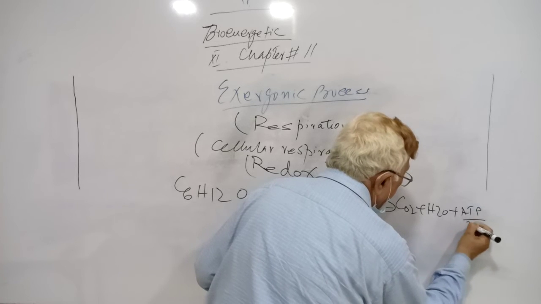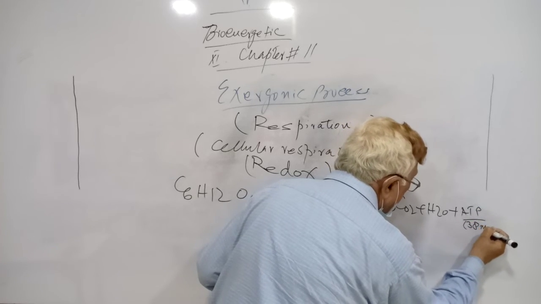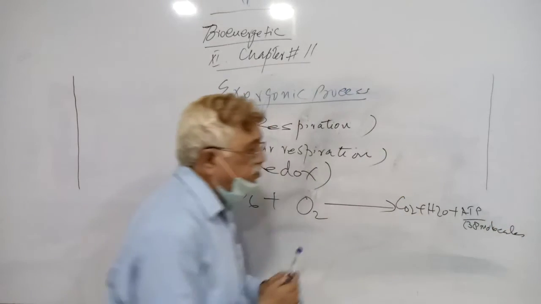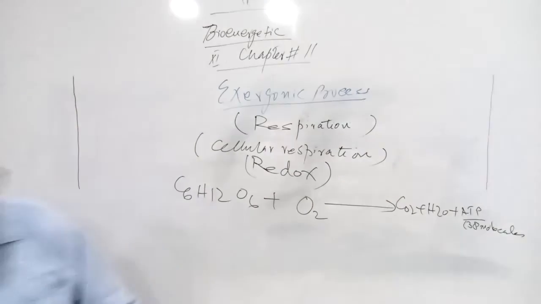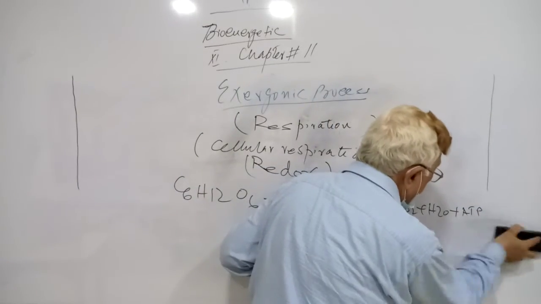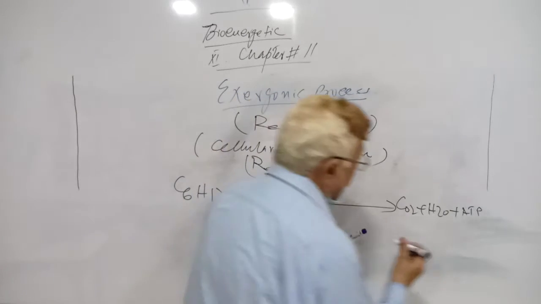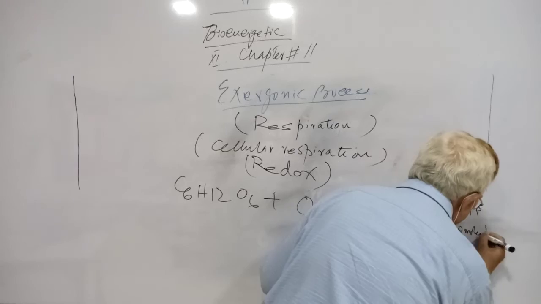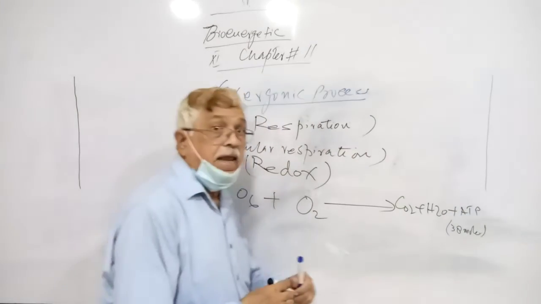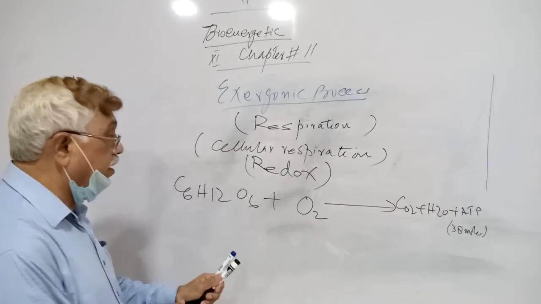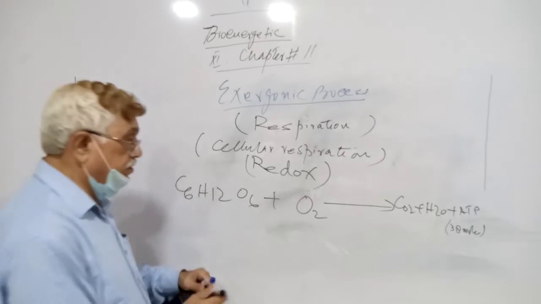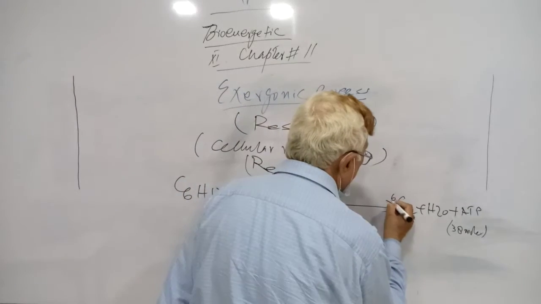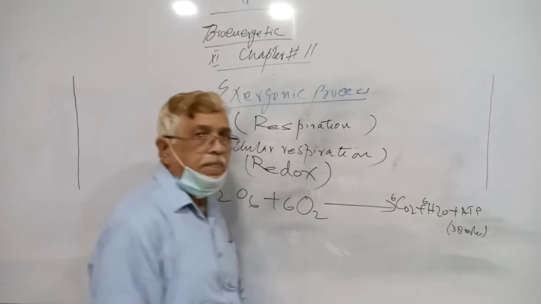How much energy? 38 molecules of ATP. That process is called cellular respiration. You can balance it with 6, 6, 6.